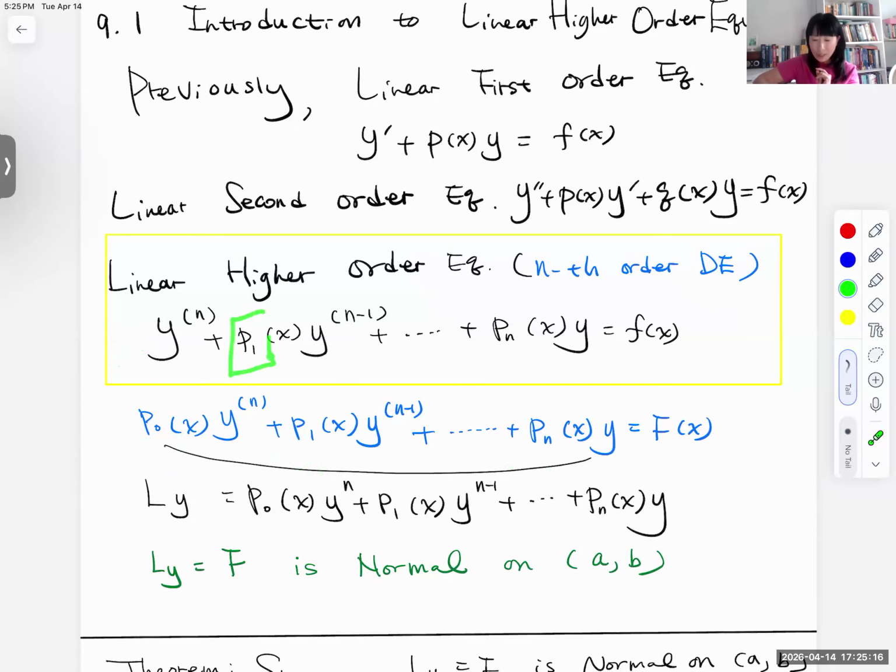So we divide every term by p sub 0, and this p sub 1 is not the same as the original p sub 1. Is it clear? Okay, all right, let's move on.